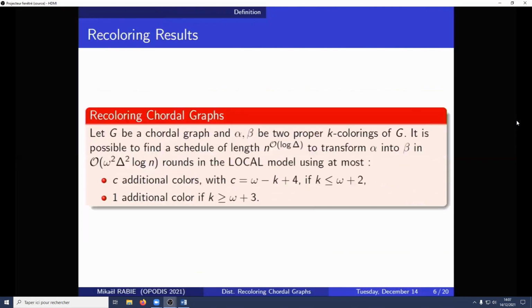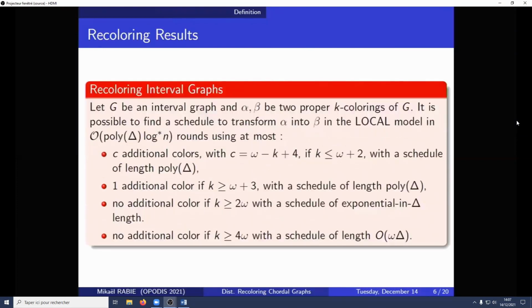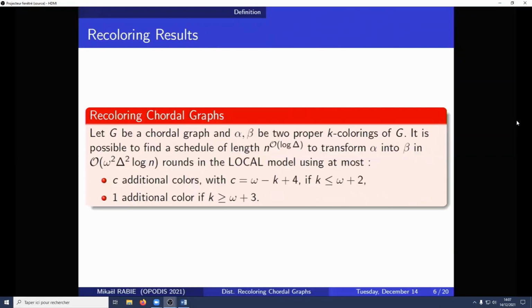Our result on chordal graphs is also very good: previously we had a poly delta schedule, now we have an n to the log of delta schedule of recoloring, but still with log n rounds of communication times omega square delta square.